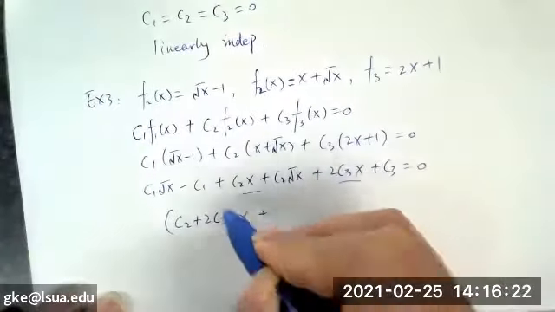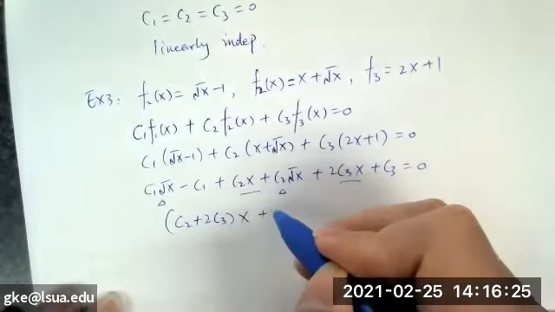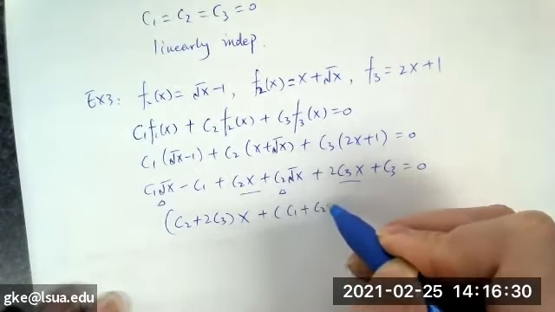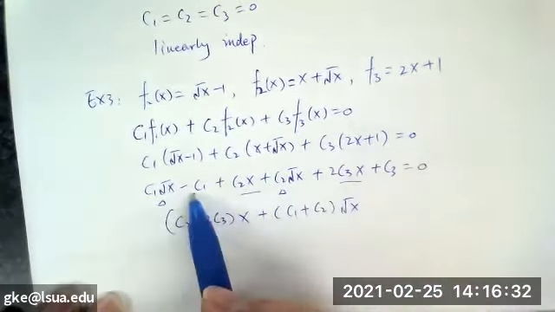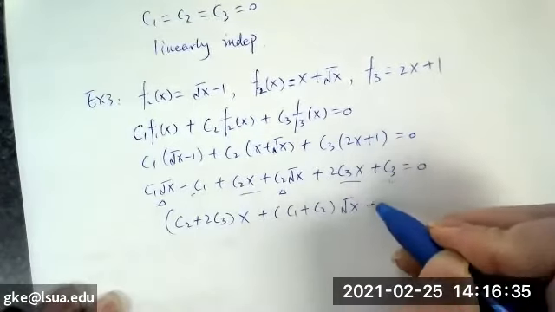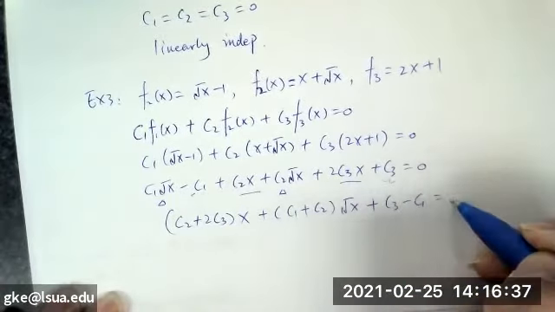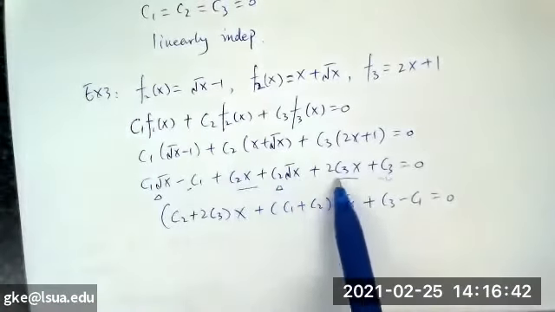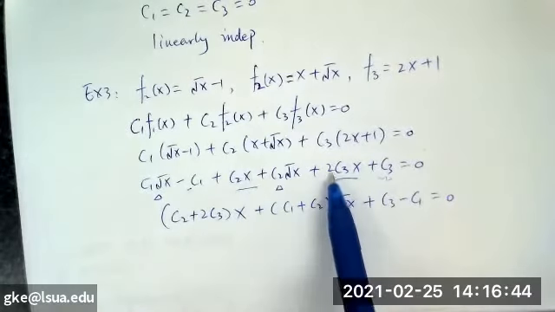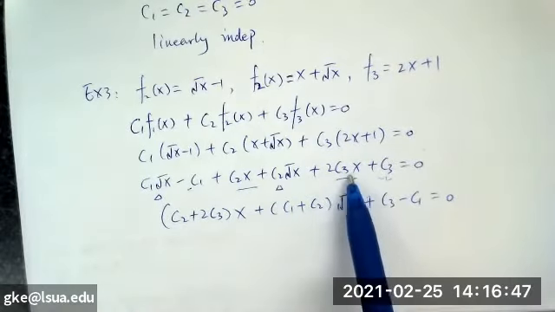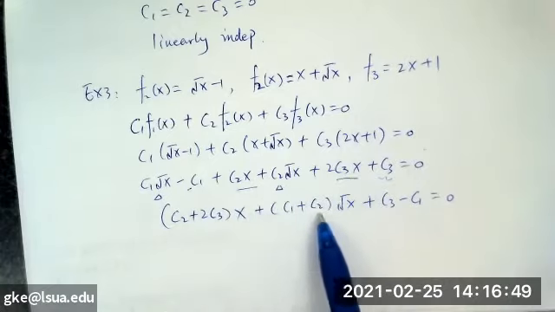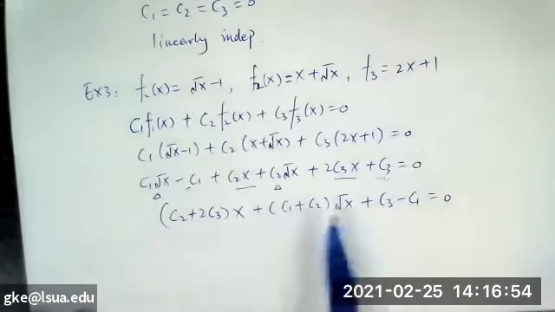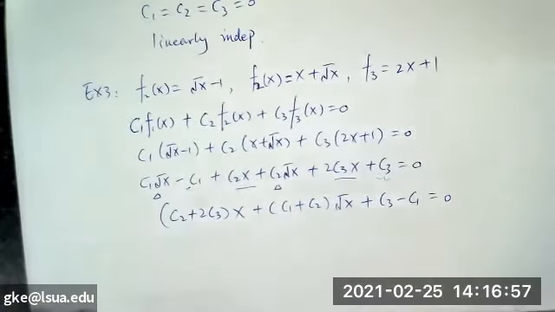Let me check. So we have C2 plus 2, yes, that's right, and C1 plus C2, C3. Okay, that's right. And in order to let this equation equal 0, that means the coefficients equal 0.